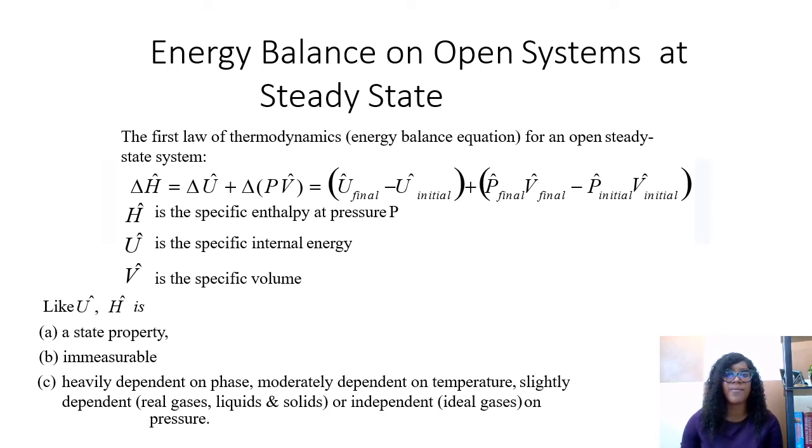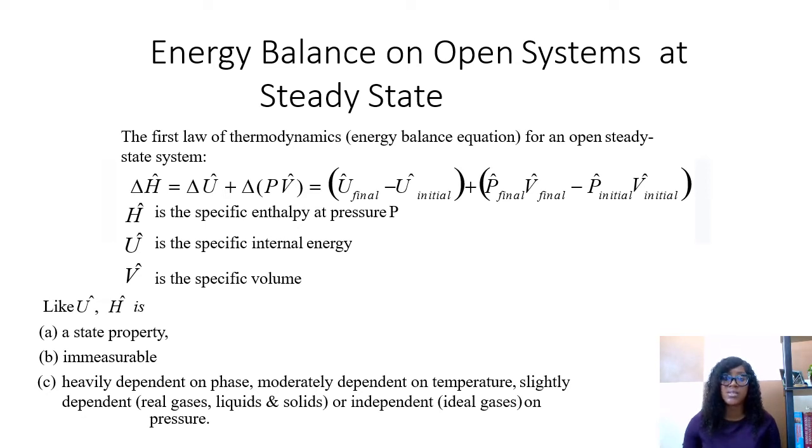We also have, when we look at the different states, because remember we're looking at the initial state and our final state, the delta U that you see in this equation, with our cap, remember it's specific, is our U final minus our U initial, plus our P final V final minus P initial V initial, where all these terms are specific. Specific meaning we're dividing by mass.